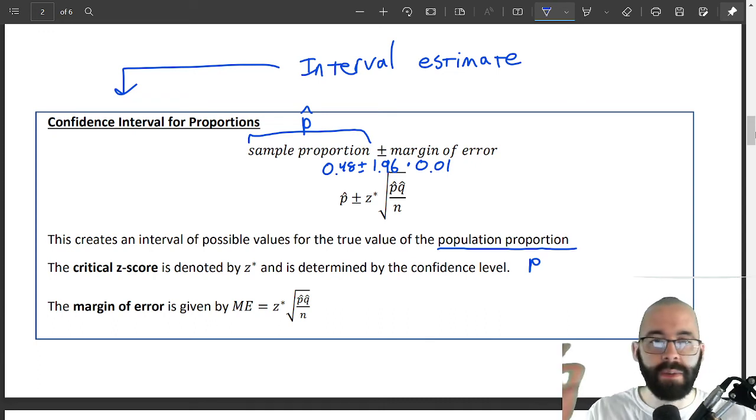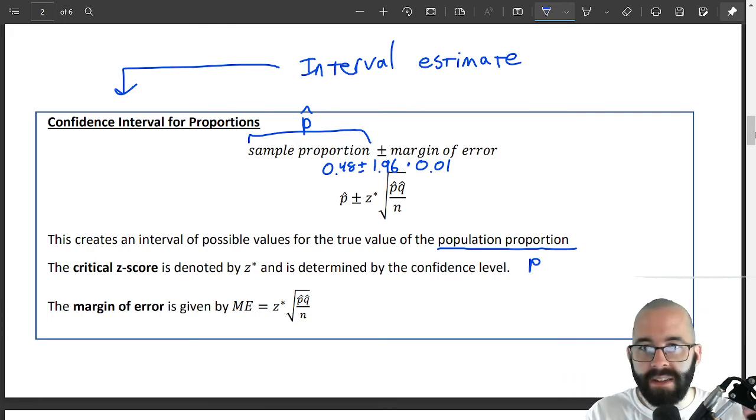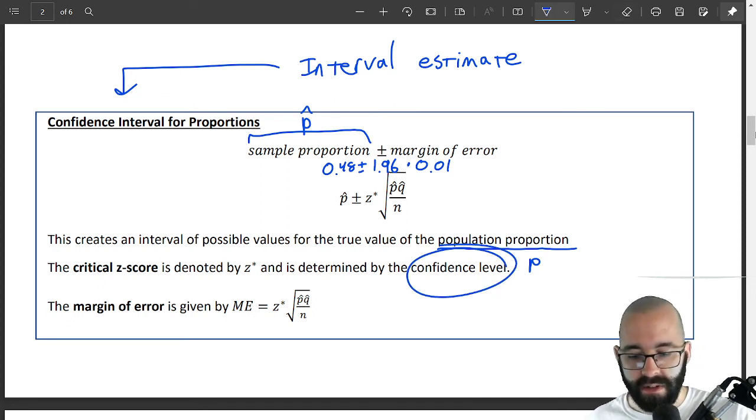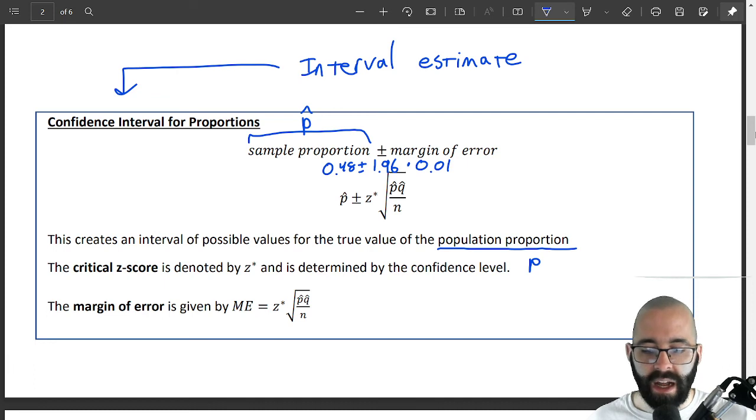All right. If you're curious about different confidence levels, 90%, 80%, you're going to have a different z-star. Okay. So it is dependent on that confidence level. What we call the margin of error, that is what we're adding and subtracting. That's how far do we go to either side of that p hat.